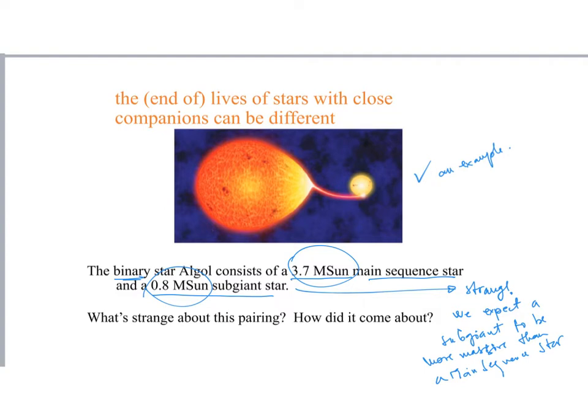Okay? Why? Because more massive stars evolve faster, right? So if it is already a subgiant, it should have been more massive than the main sequence star. Okay, so now the question is, how did this system come to be like this?